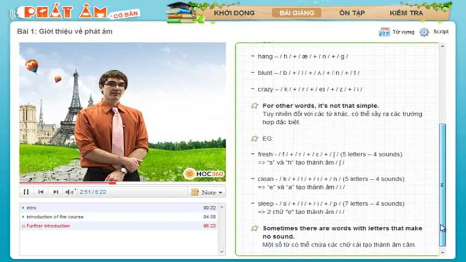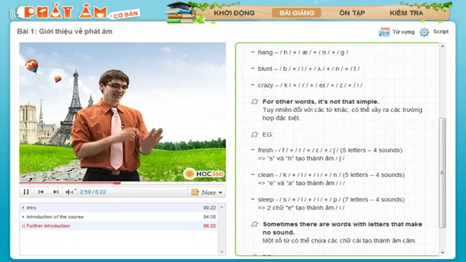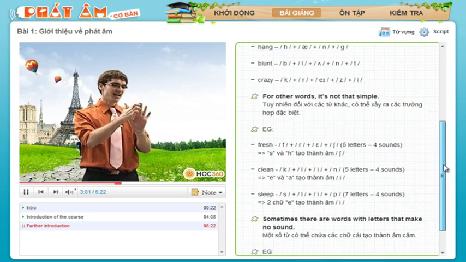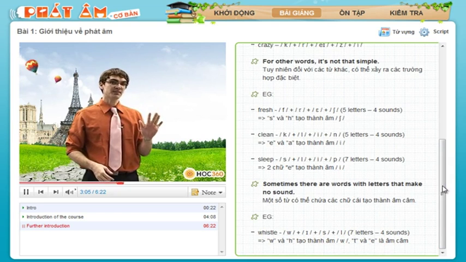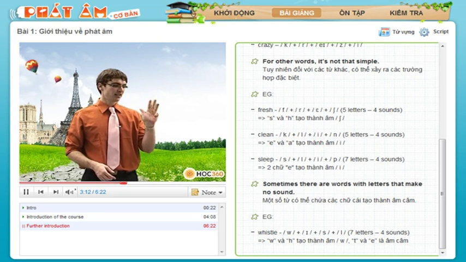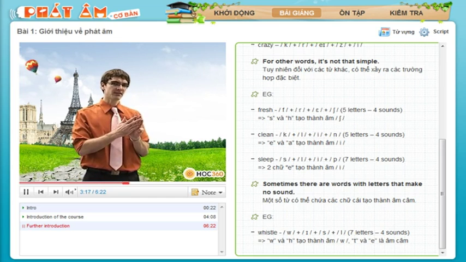Sometimes you're going to have a word with letters that make no sound, such as the word whistle, W-H-I-S-T-L-E. There are 7 letters, but not as many sounds. Only 4 sounds in a 7-letter word.